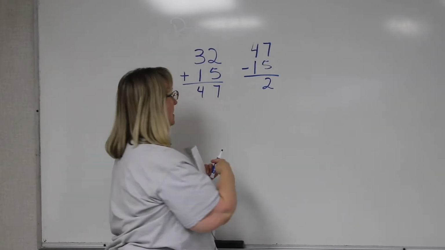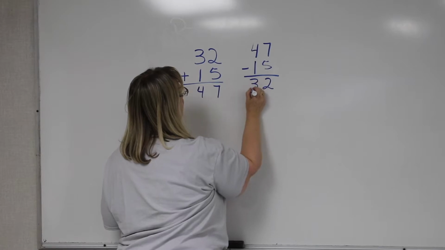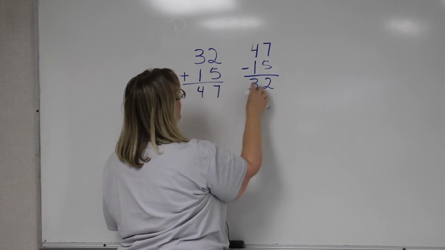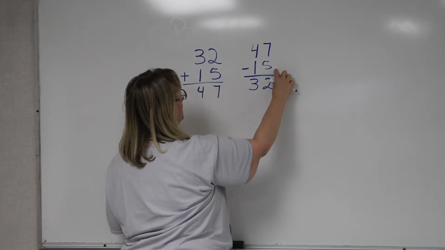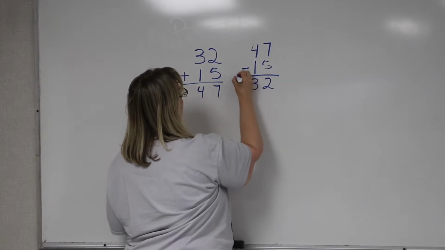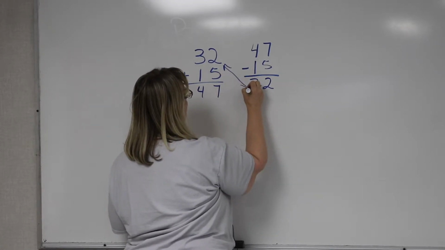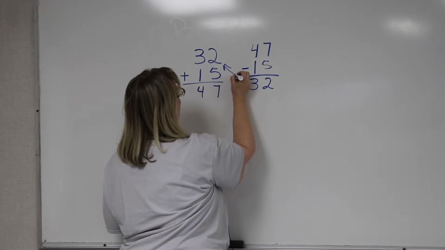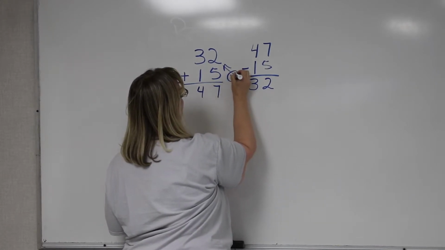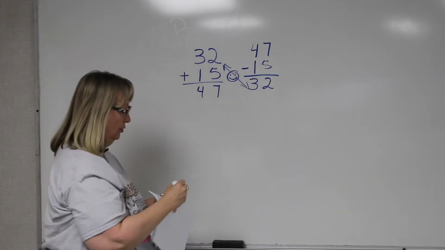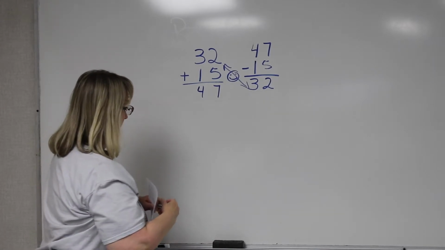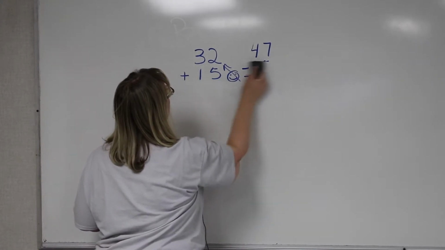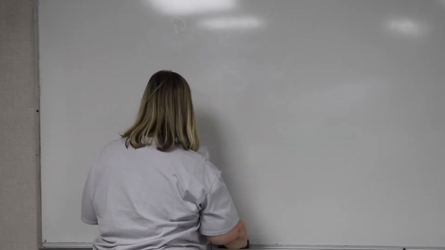So my answer is 3. So the difference between 47 and 15 is 32. Are these two numbers the same? Yes, they are. So good job. That's how you check yourself. Okay? Let's do another one.